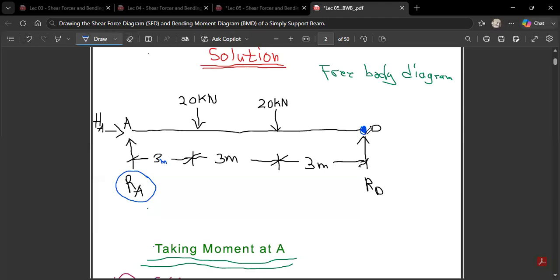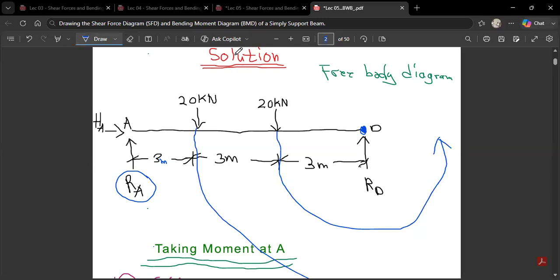If we open to here, you realize that a distance of 3 meters is covered. So if you follow the direction of the arrow, this is an anti-clockwise movement. So it is positive 20 times 3 meters. The other one is also going to be positive 20 times 6, because a distance of 6 would have been covered.